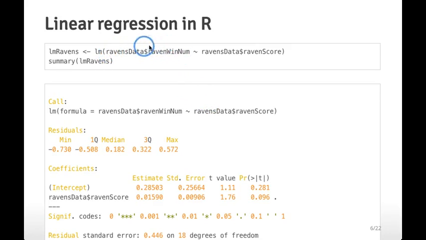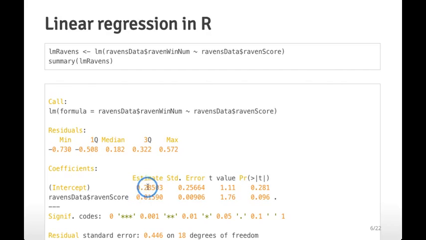We have the numeric variable that indicates whether the Ravens won or not as the outcome, then the tilde, and then the covariate variables that we're trying to use to explain that. We have here the Ravens score as our covariate. If we look at a summary of this linear model, we get an estimate for the probability that the Ravens win if they don't score any points, which is 0.28.